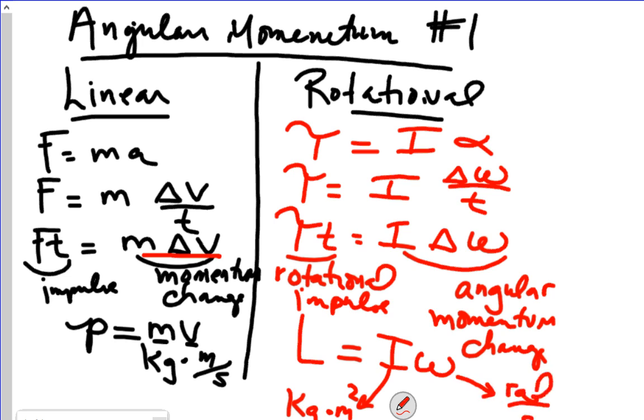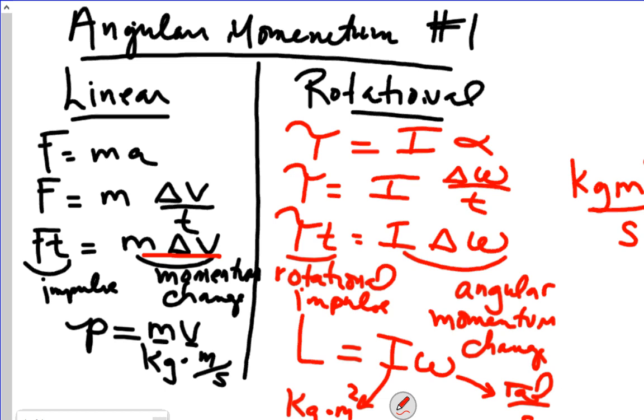When you multiply those two together, the radians goes away. Why? Because it's dimensionless. Not because it's not important, but because it's dimensionless. I think I may have mentioned that once or twice. So what we end up with is this as our unit for angular momentum. It's, again, clunky. There's no really elegant solution for that.